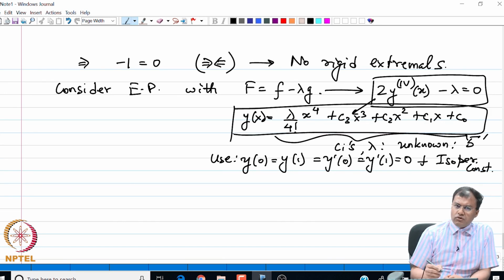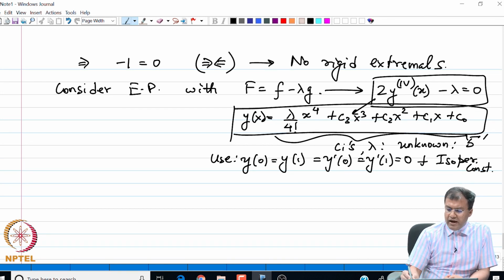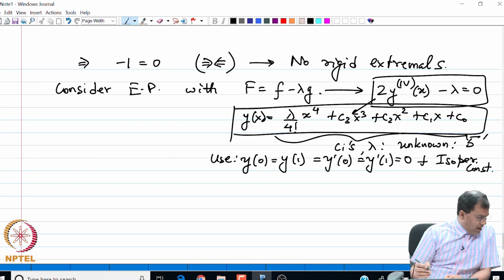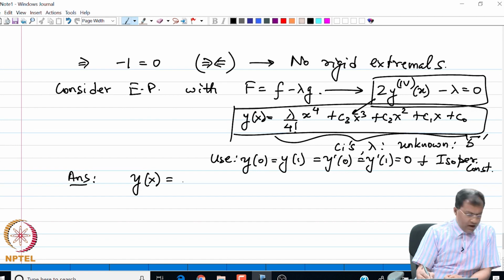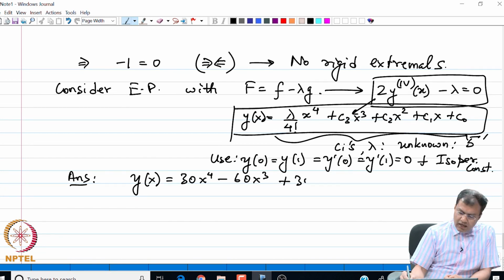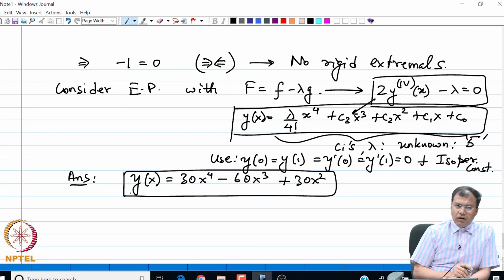Students are asked to check that the system can be fully solved and find the values of lambda and the Ci's as an exercise. I am just going to write the final answer. Please check that the answer that we get is the following: y of x is 30x to the power 4 minus 60x cube plus 30x square. This is the extremal that we get.